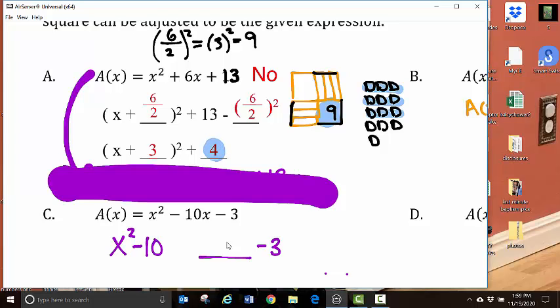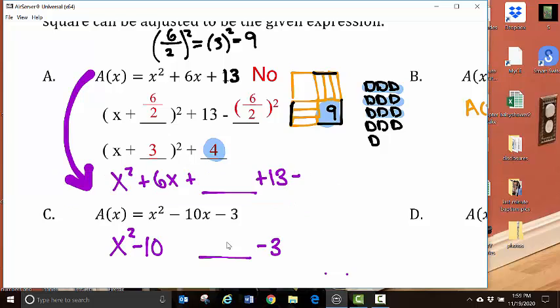Again, this is a little confusing. Let me show you what I would do. I would rewrite it with this part in the beginning and then put a space and move the 13 over. And then I take half the middle number and square it, which is what I did here, 9. And I will add 9 here.